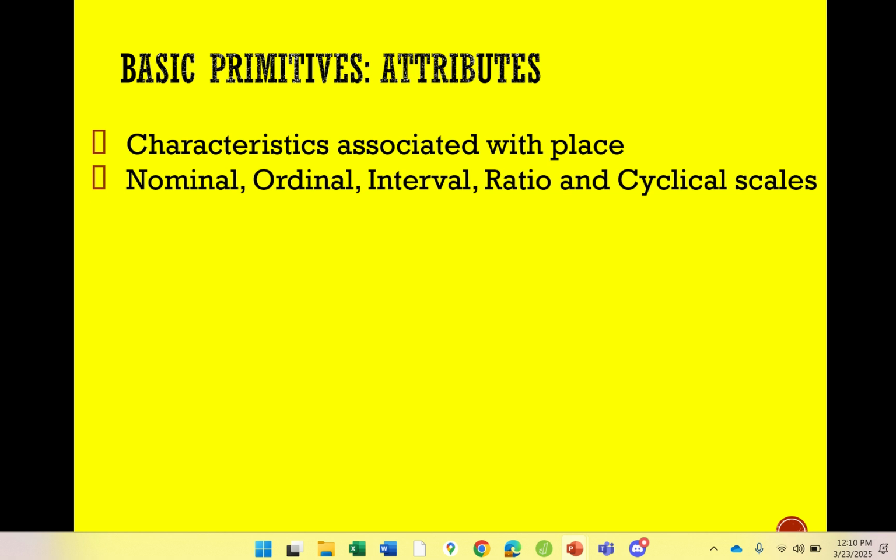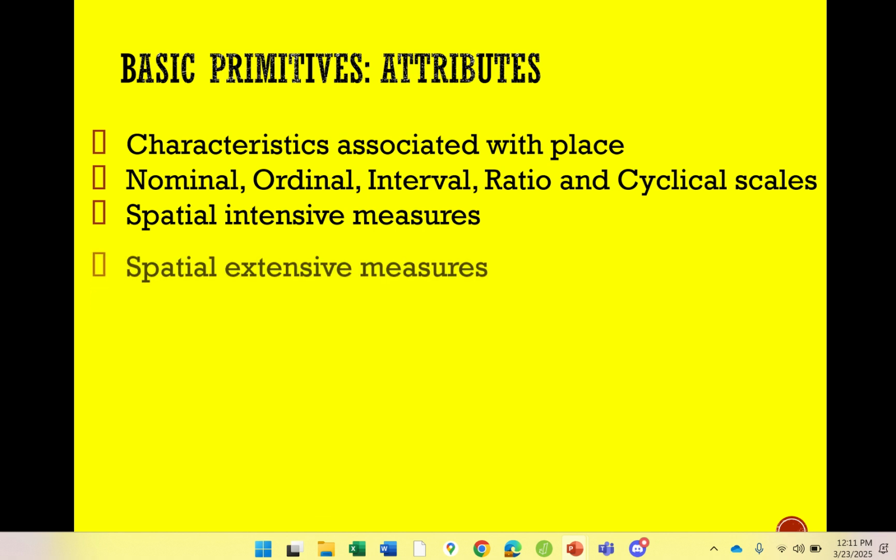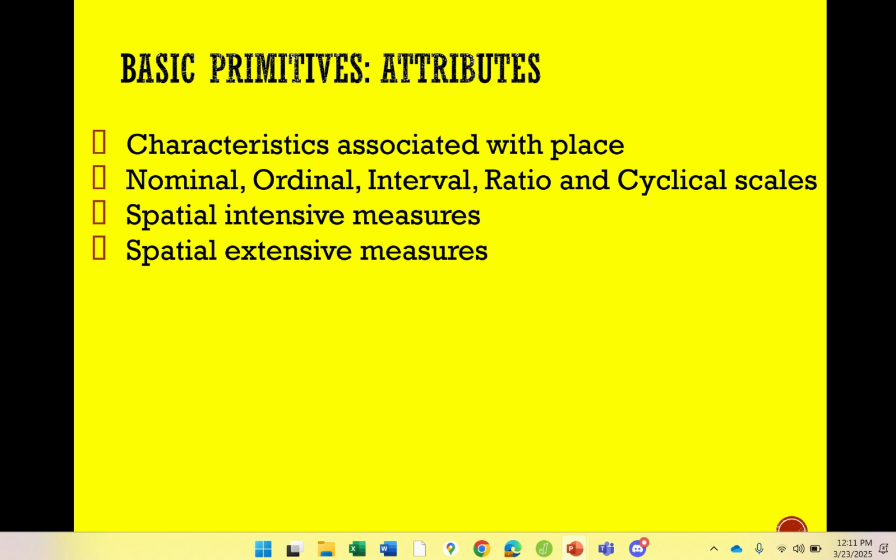And these attributes can take on different types of data types, right? It can be nominal, ordinal, interval. It can also be spatially intensive measurements, like a population density or some kind of density. Remember, we talked about spatial intensive measures versus spatial extensive measures, where for spatial extensive measures, the value within a geographic location has to do with the size of the geographic location that you're dealing with.